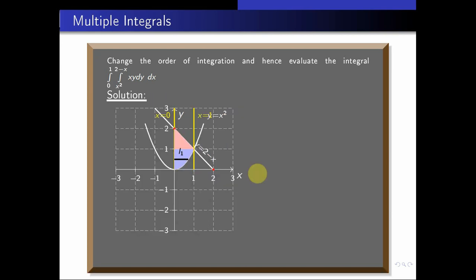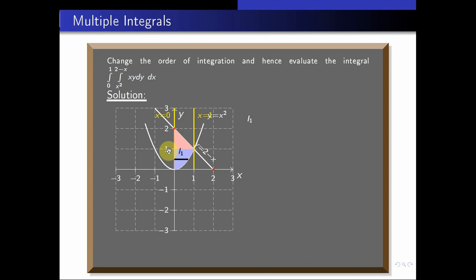Now I am integrating first with the region I1. I call this region I1. For I1, the outer limit is with respect to y. Here the y value is 0 and it can come maximum at this point. We know that the point of intersection of the curves is (1, 1).